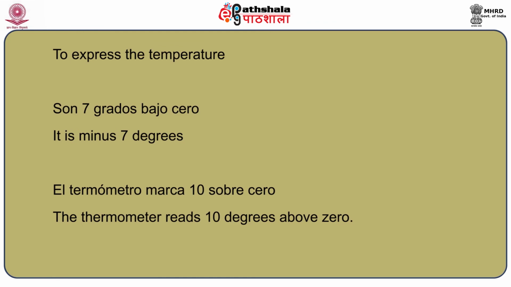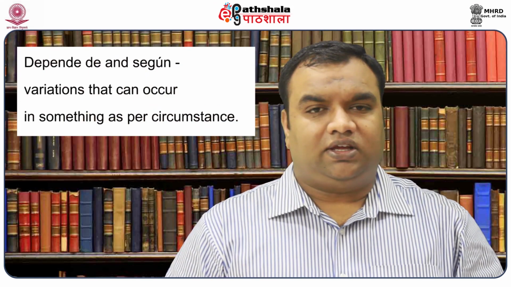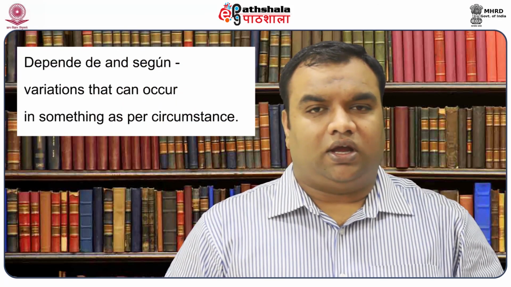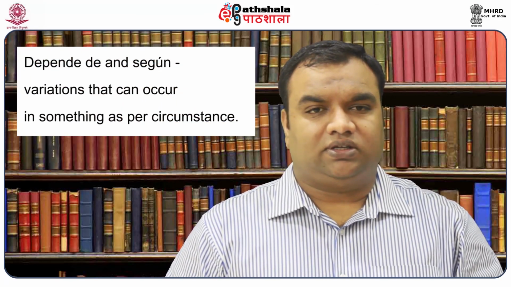In order to express the temperature, we can say it in the following manner. Son 7 grados bajo cero. It is -7 degrees. El termómetro marca 10 sobre cero. The thermometer reads 10 degrees above zero. Depende de and según are synonymous expressions.